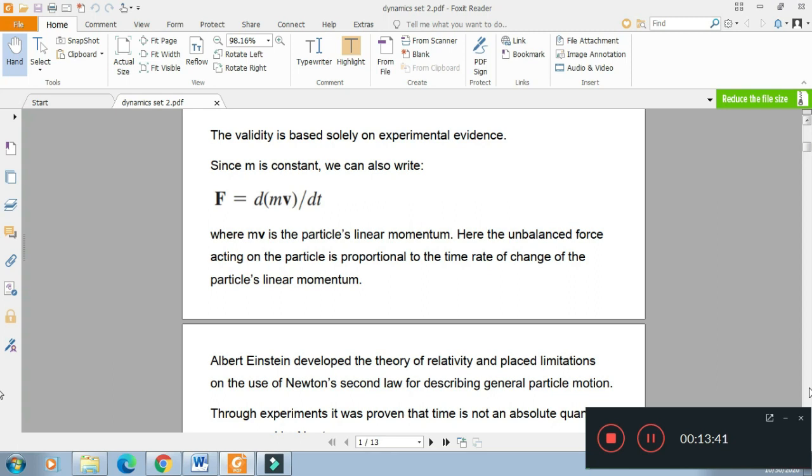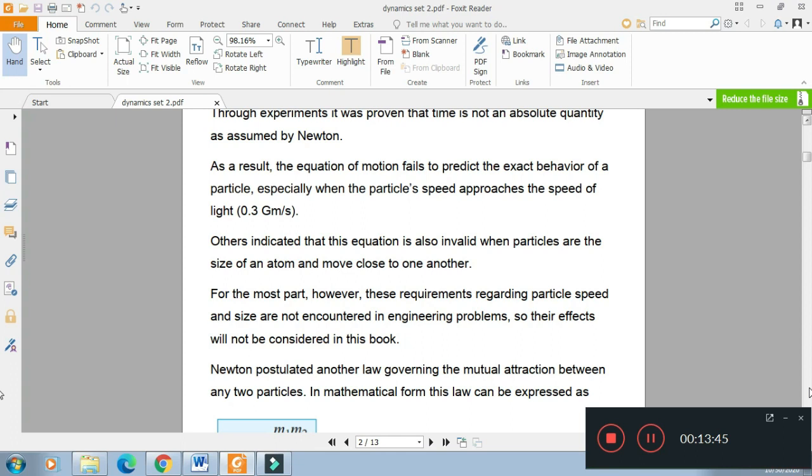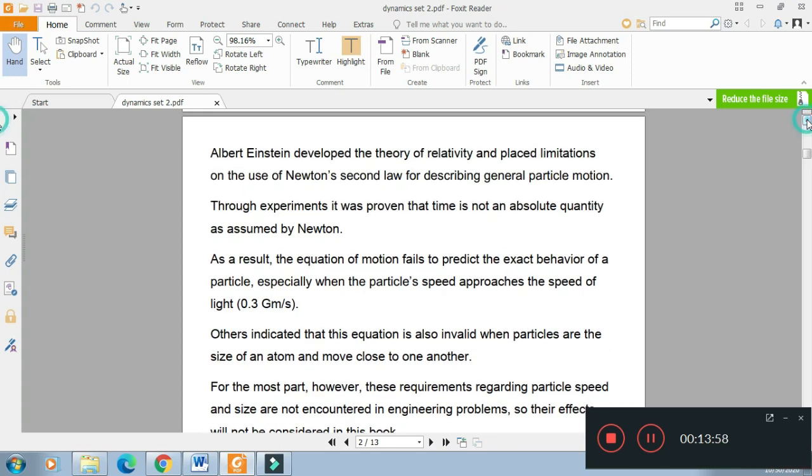For example, Einstein showed that if the particle is moving with very high velocity, in that case the time is not an absolute parameter, and in that case the equation of motion F equal to ma becomes invalid. So if the velocity is very high, the equation of motion fails to predict the exact behavior of the particle.